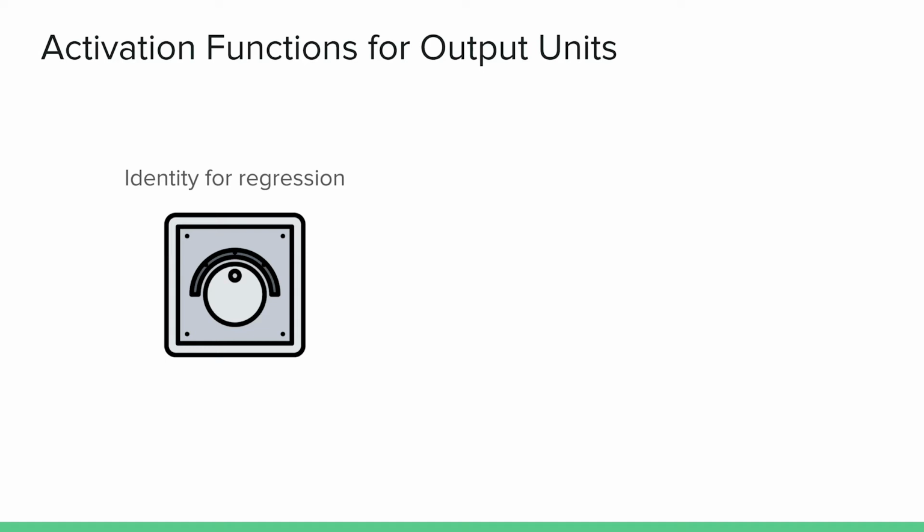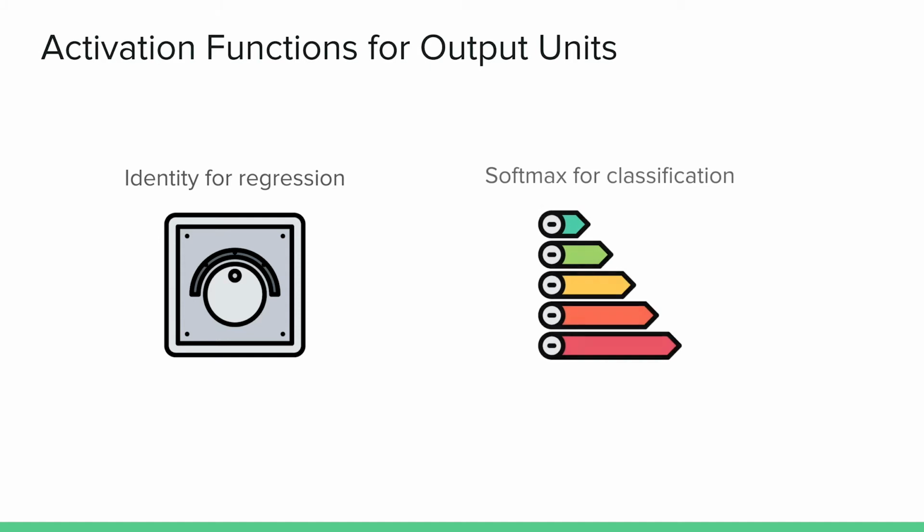If we want regression, we can use a very simple thing like the identity function, just output whatever we want. If we want to measure the distance between two objects, the distance could be the output. And if we have a classification problem, we could use a so-called Softmax activation function.